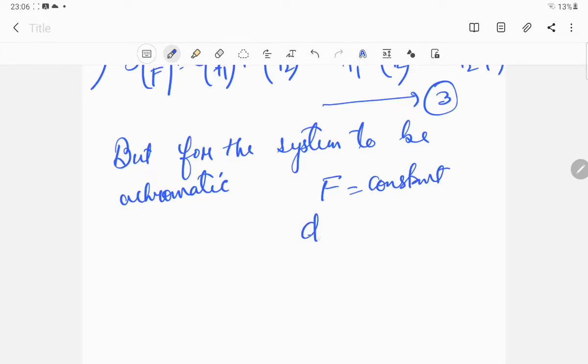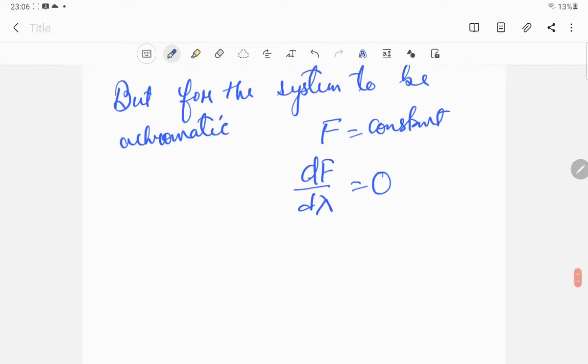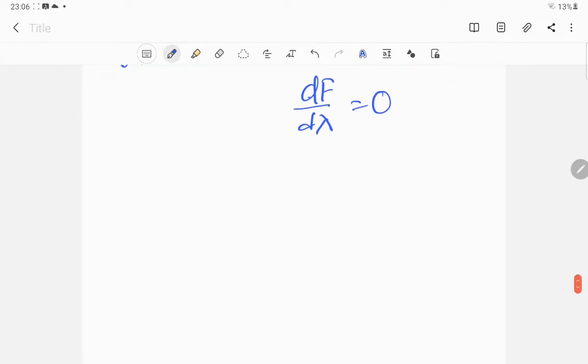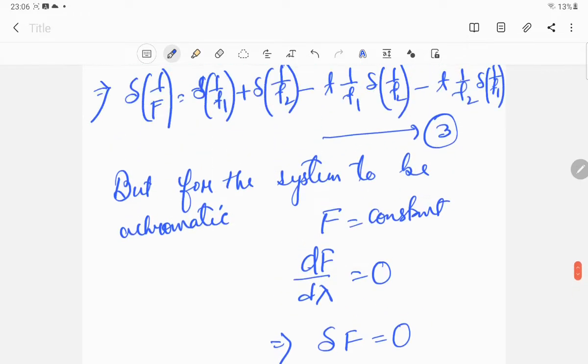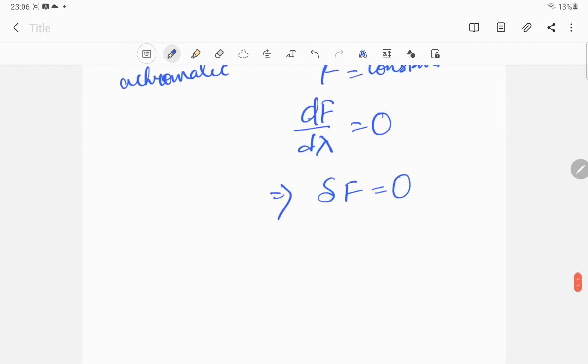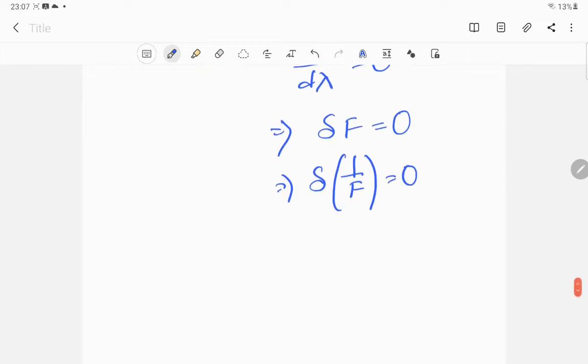So df d lambda should be equal to 0. It should never change with respect to lambda, or in fact I can write del f is equal to 0, generalizing. So if del f is equal to 0, del of 1 by f should also be equal to 0. If f is a constant, 1 by f is also a constant. So that is the thing.